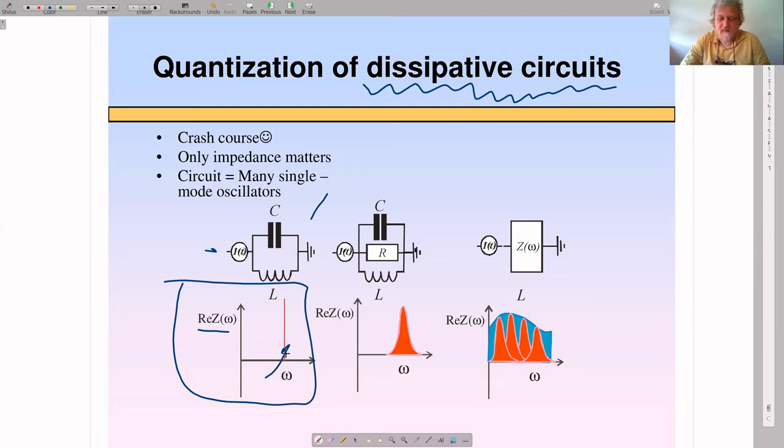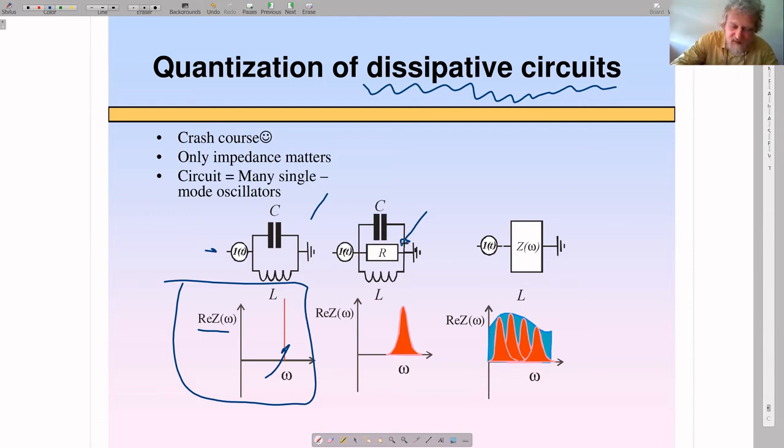Good. Let us now change the oscillator a bit. Let us now add a small resistance to this oscillator. Then from circuit theory, we know what happens.